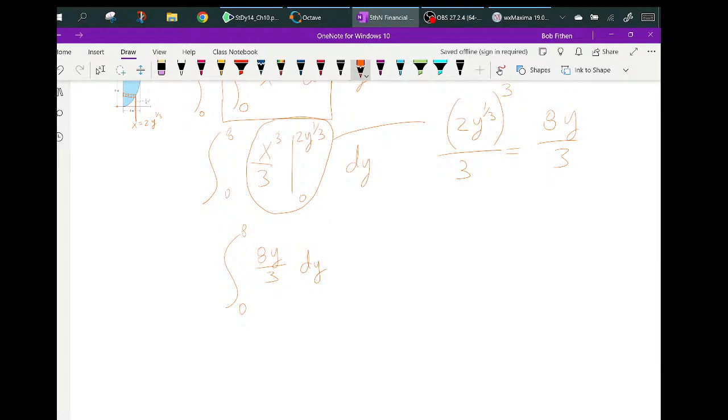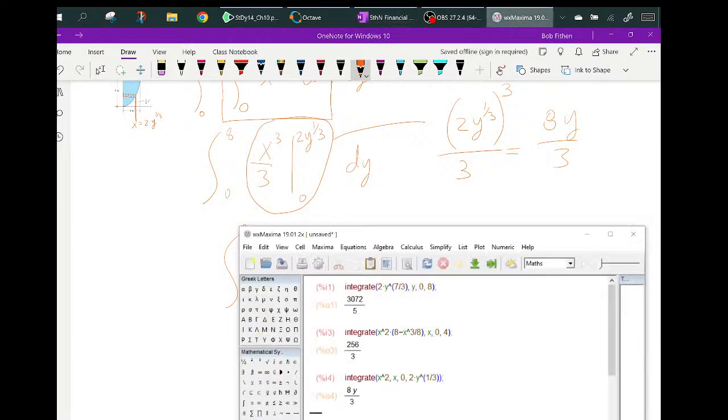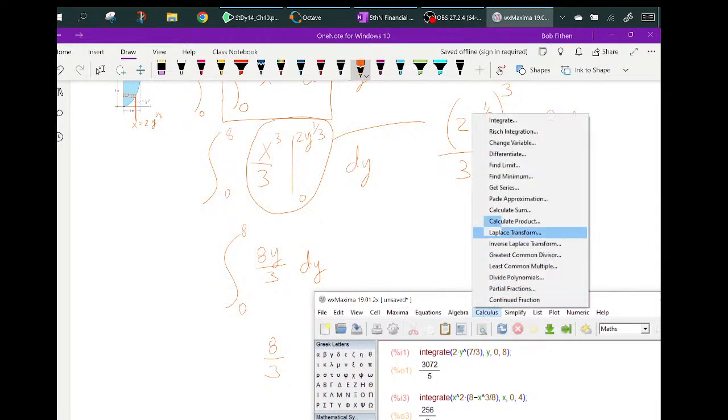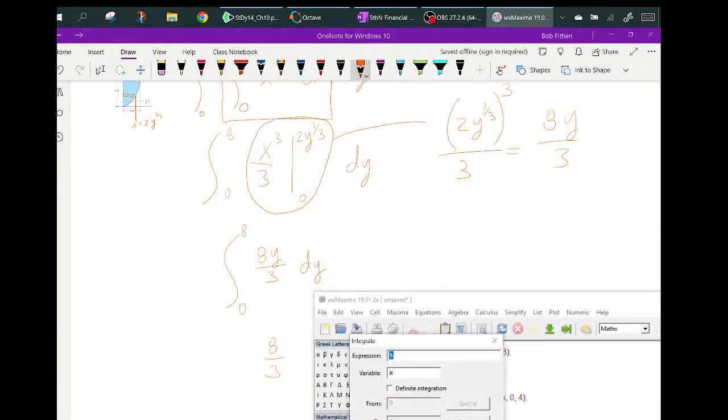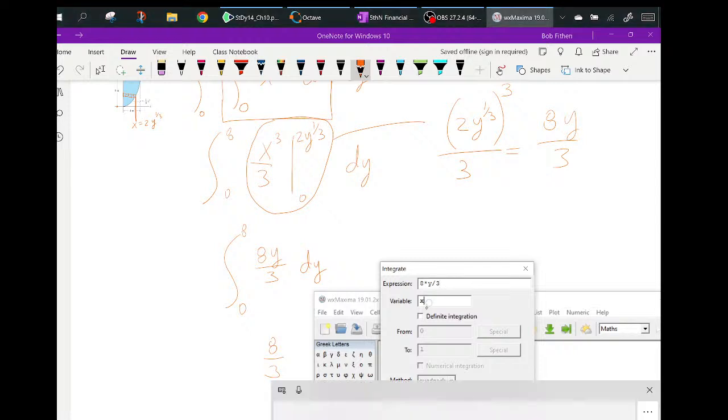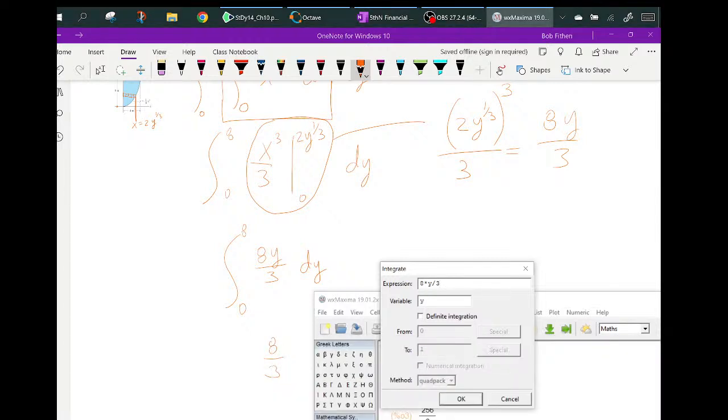Is the remainder of this correct? Okay. So if I integrate that, that's y over 3. Well, let's make sure. I'm going to do an indefinite integral of 8 times y divided by 3, integrating with respect to y.